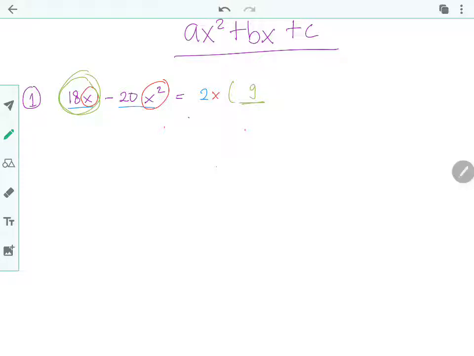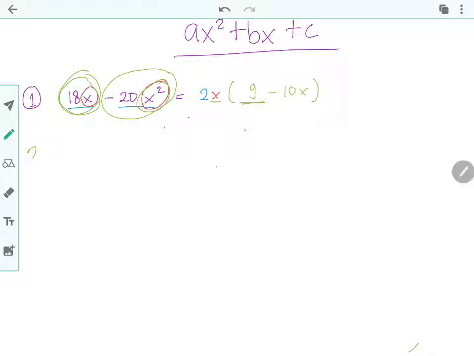Now 2x needs to multiply by what to get minus 20x squared? So 2x will multiply by negative 10, and this x here needs to be multiplied with another x, so it can get minus 20x squared. Okay, that's the very first skill that you need to be able to do.